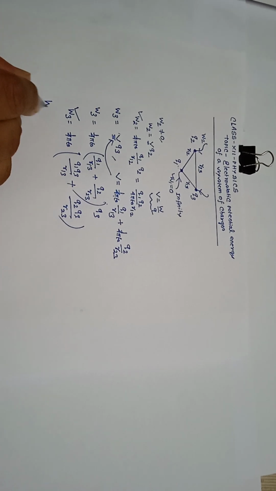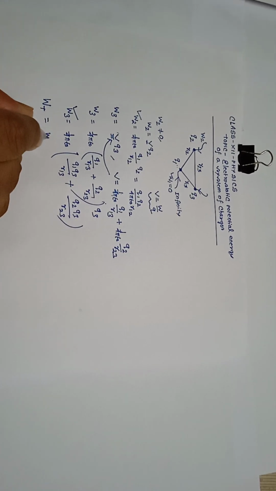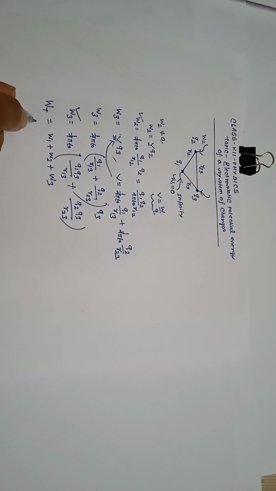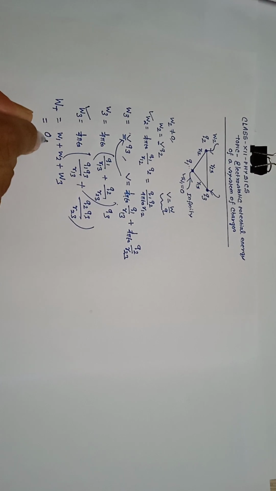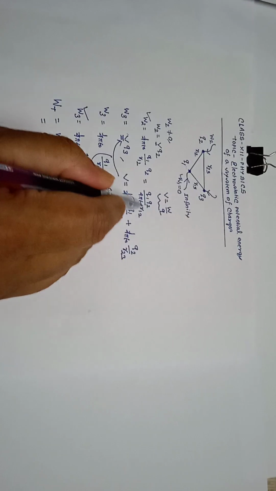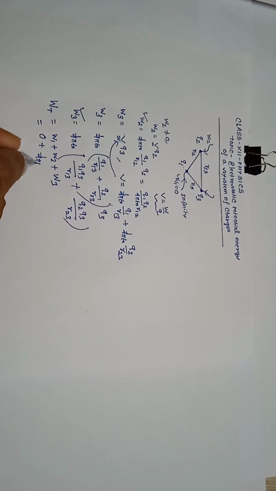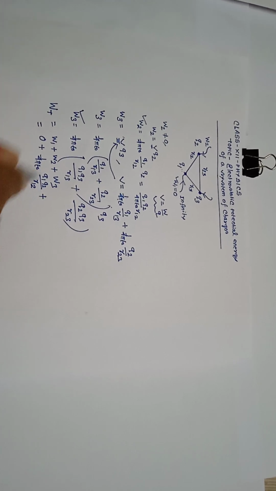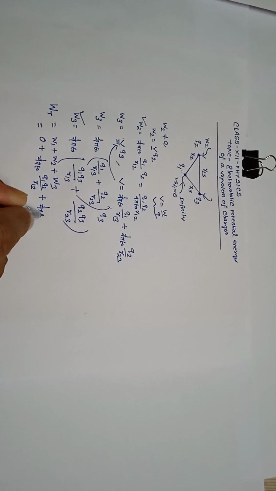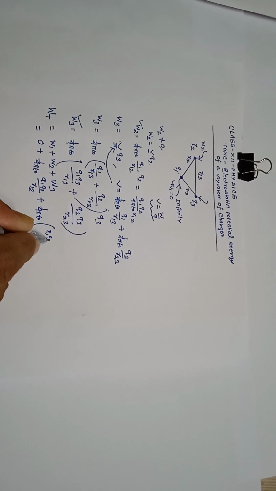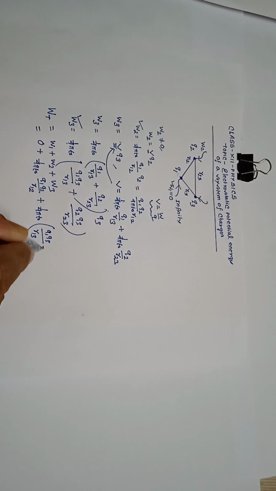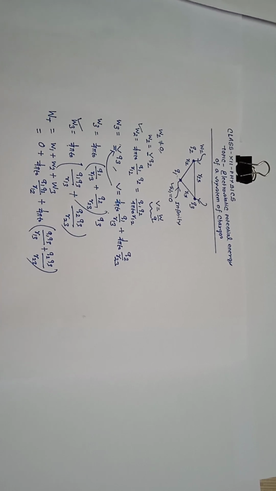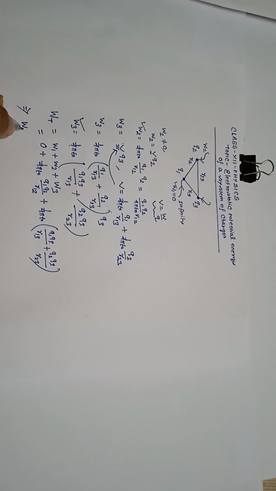So what is the total work done? Wt, t for total, is equal to w1 plus w2 plus w3. Now I am putting in all these values. W1 is 0. W2 is already found: 1 by 4 pi epsilon naught q1 q2 by r12. W3 is 1 by 4 pi epsilon naught, q1 q3 by r13 plus q2 q3 by r23.